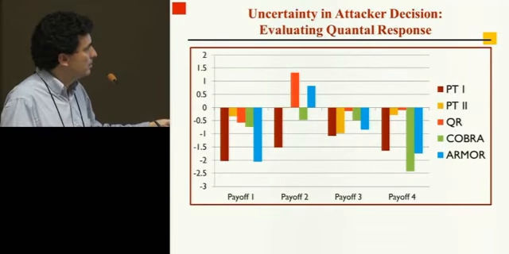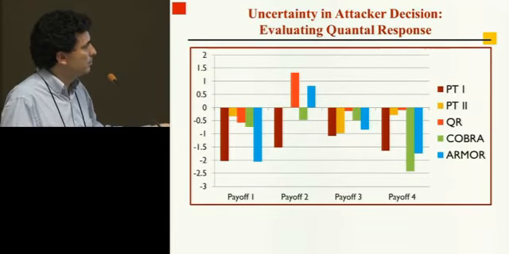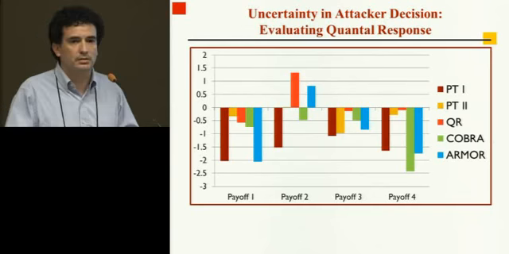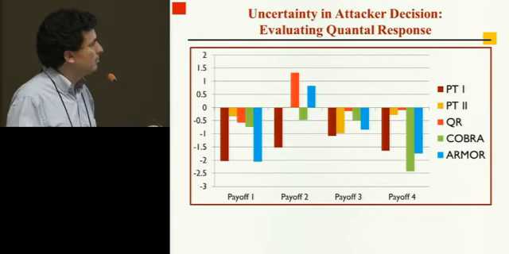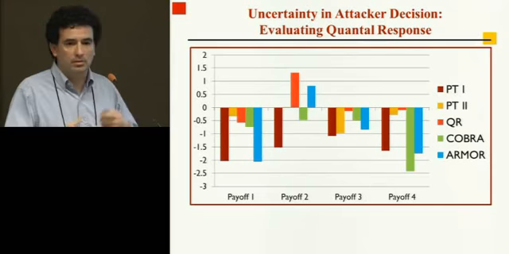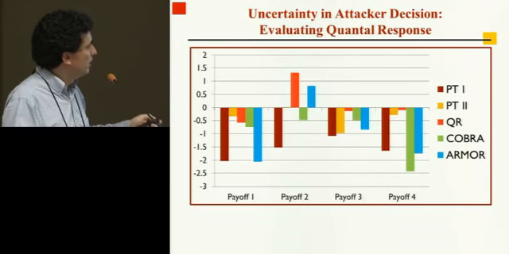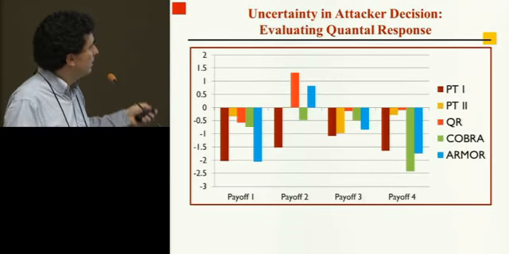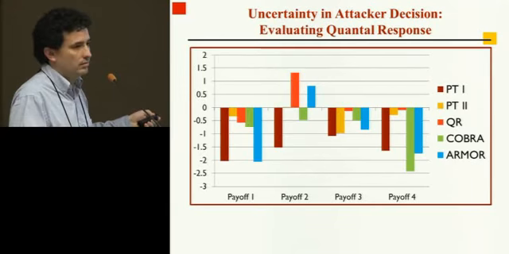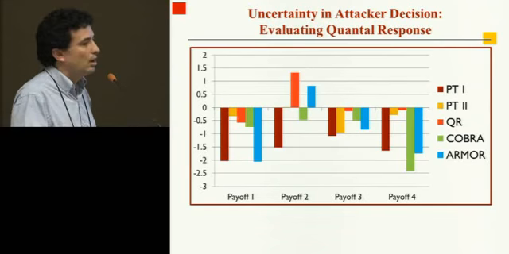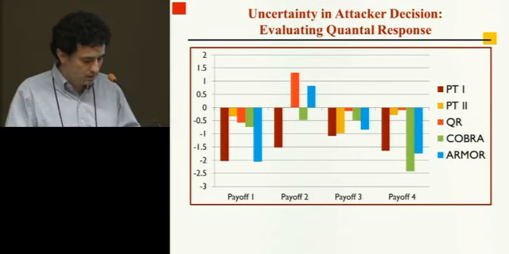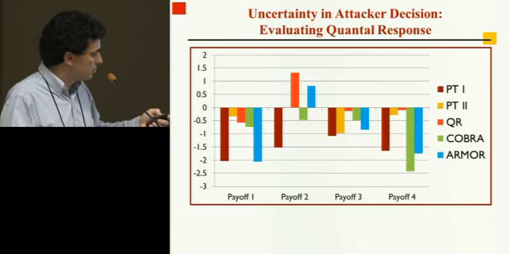We use two models which assume the adversary is perfectly rational, and we use models based on prospect theory, which is also a human behavior model of game theory. And if we look at the average reward that we got over many trials, over many people, for different payoffs, we see that quantal response tends to dominate. This is often with statistical significance, and this is one of the reasons why we chose quantal response.